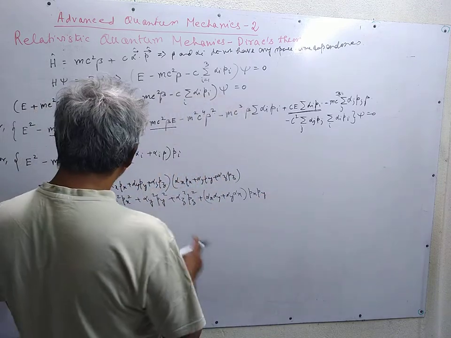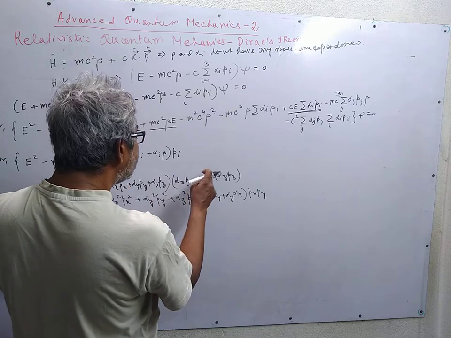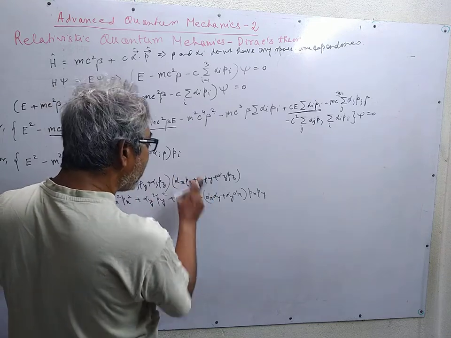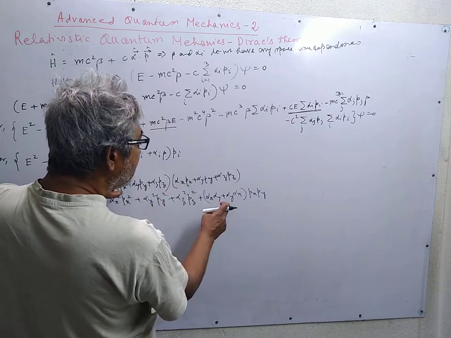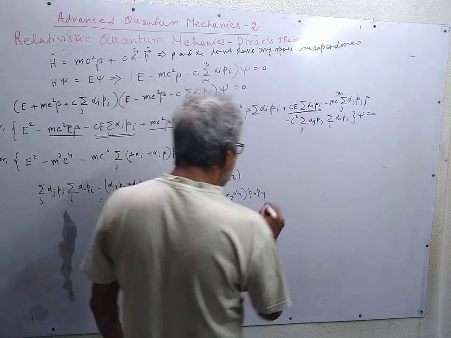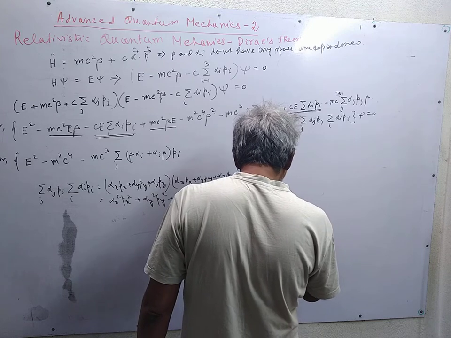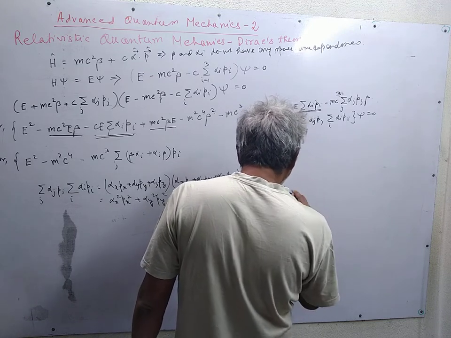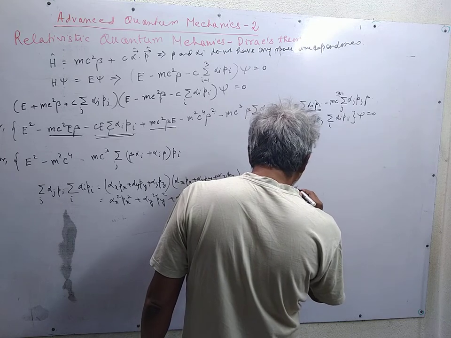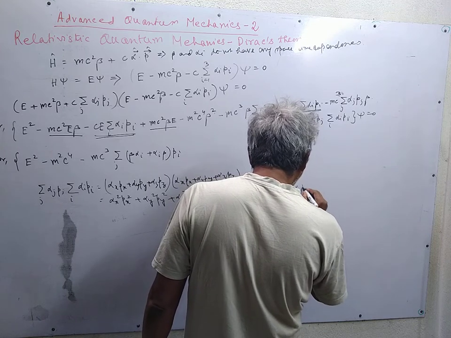When we multiply this with this, we get alpha x alpha y, and when we multiply this term with this, we get this term. Alpha y alpha z plus alpha z alpha y.